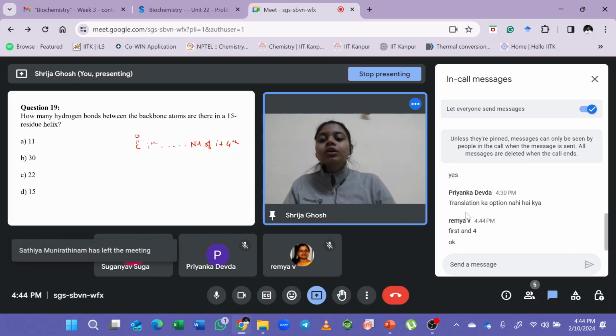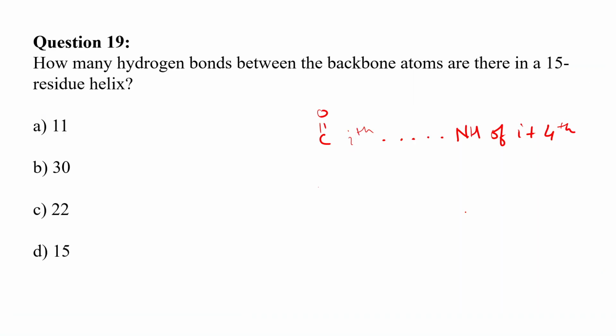Here, if you see the number of hydrogen bonds, we have 15 residues.